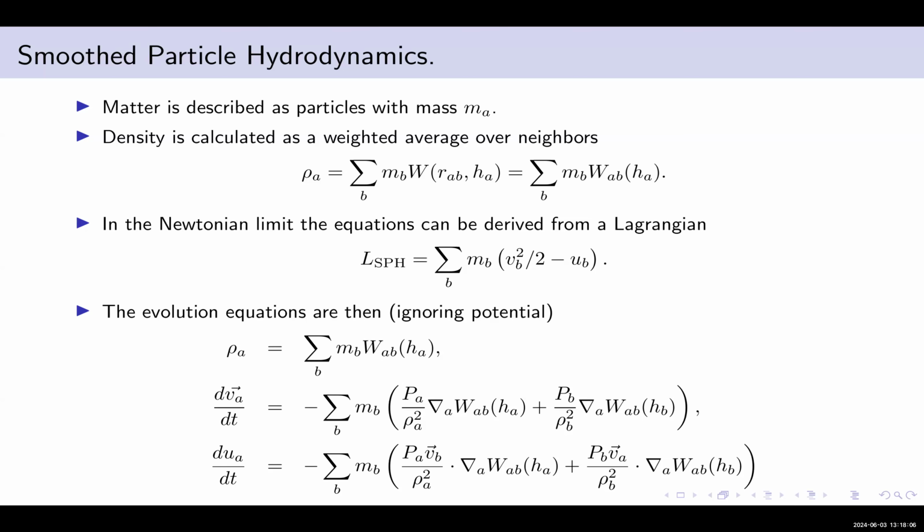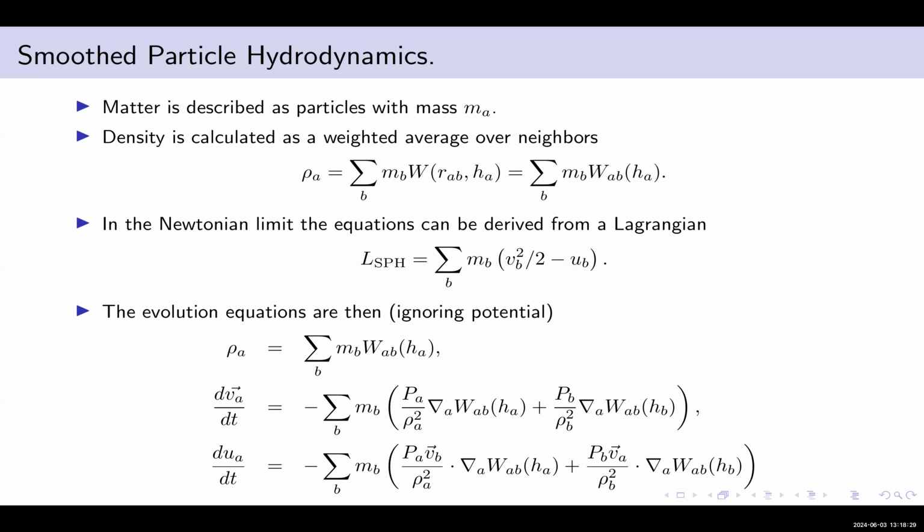So, as I said, matter is described as particles with a mass m. The index A here is labeling all our particles, and then the density is calculated as a weighted average over neighbors using this smoothing kernel function.